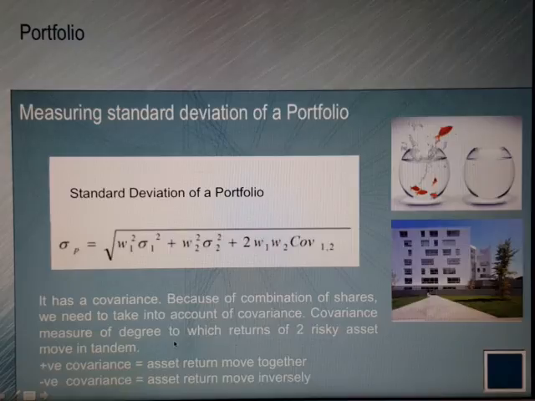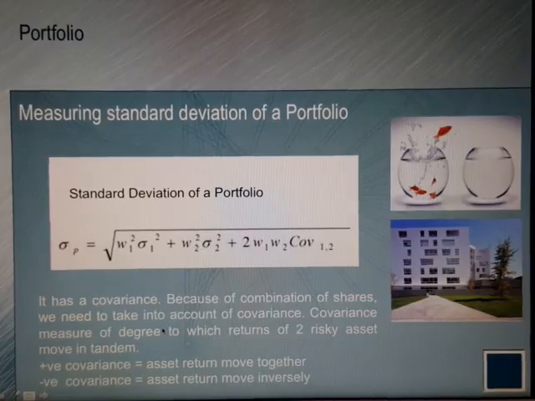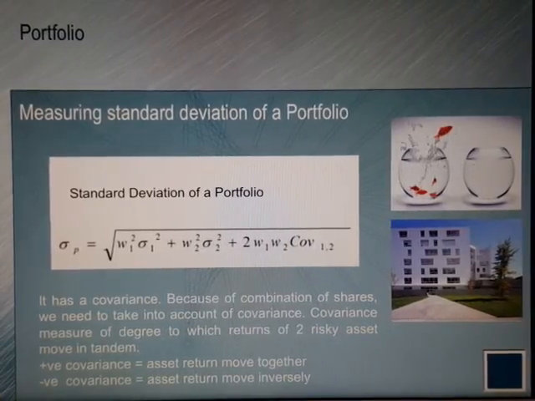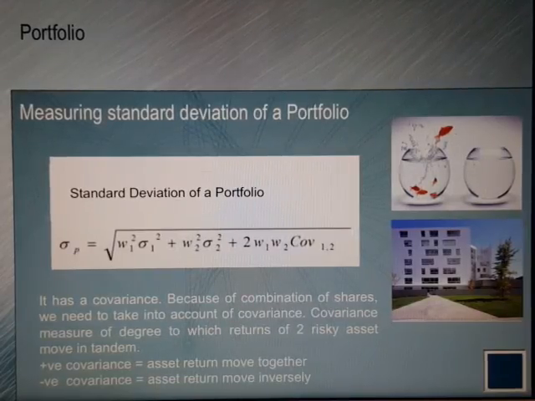So if you have two risky assets that move in tandem, when you have positive covariance, it means assets are moving together. They have the same relationship. When you have negative covariance, that means assets are moving inversely, in the opposite direction.